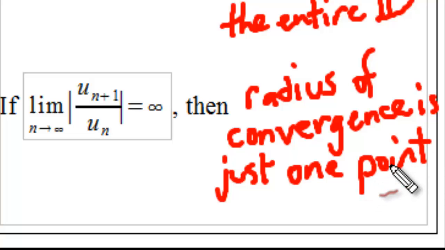Remember that our power series, whether it's a Taylor or Maclaurin series, is built around a single value. Essentially, it touches the original function at one value of x that we call c. If the radius of convergence is just 1 point, then that 1 point is c.